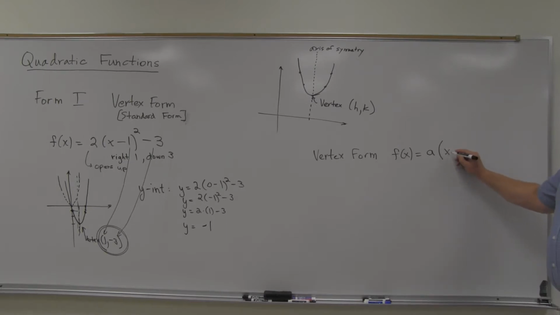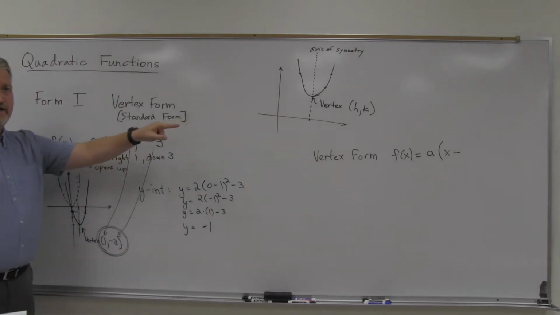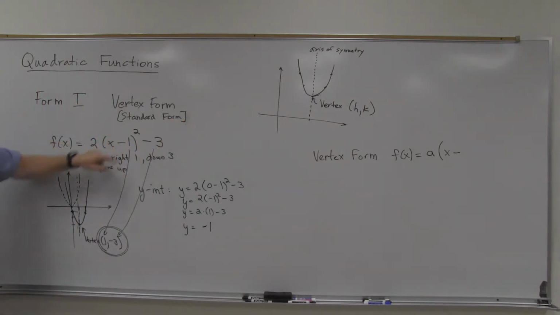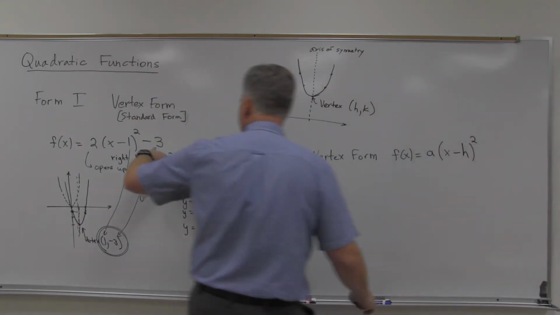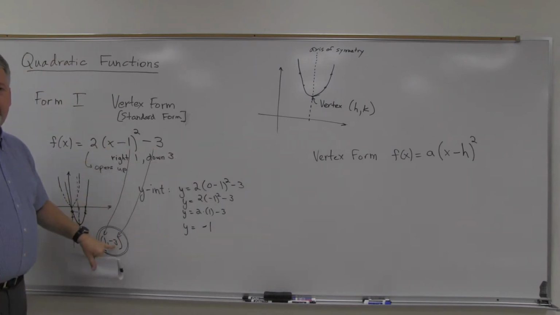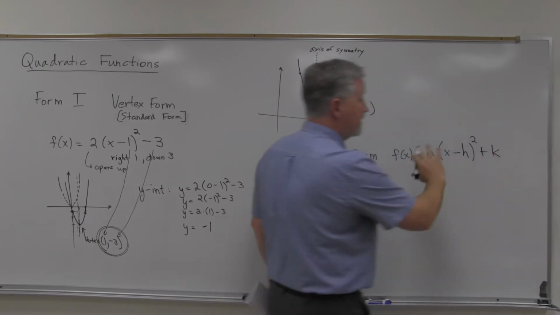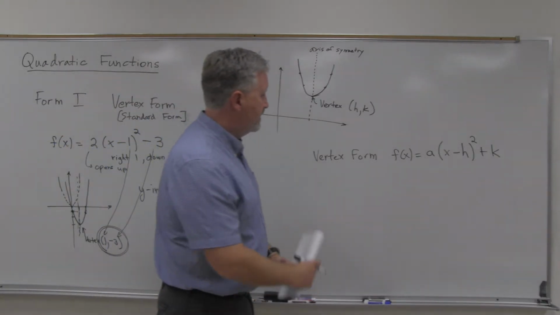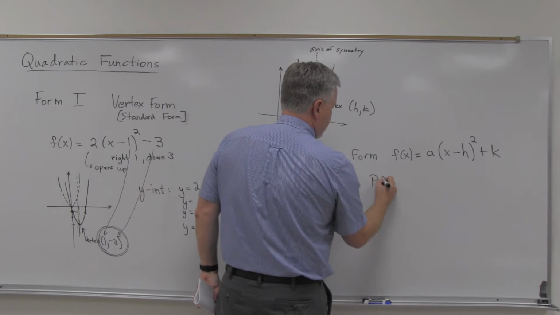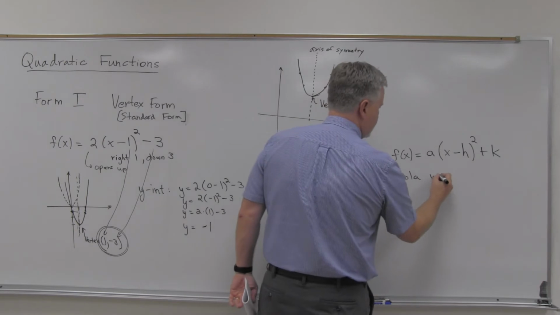Then we're going to have an (x minus h), because we called the vertex (h, k). Then this was the y value of the vertex, so that's the k. Plus k. Pay attention to my signs there. It's f(x) = a(x - h)^2 + k. This is a vertex form of a parabola with vertex (h, k).